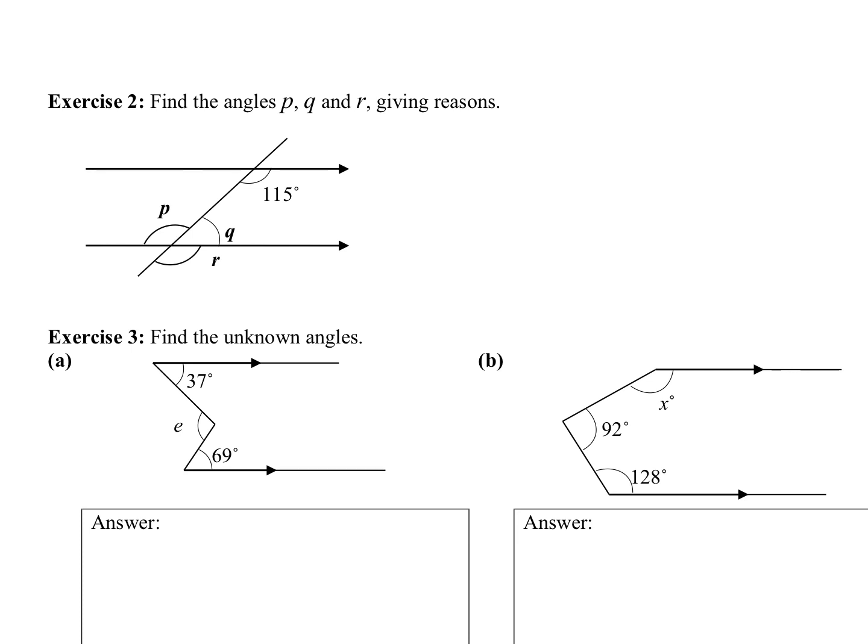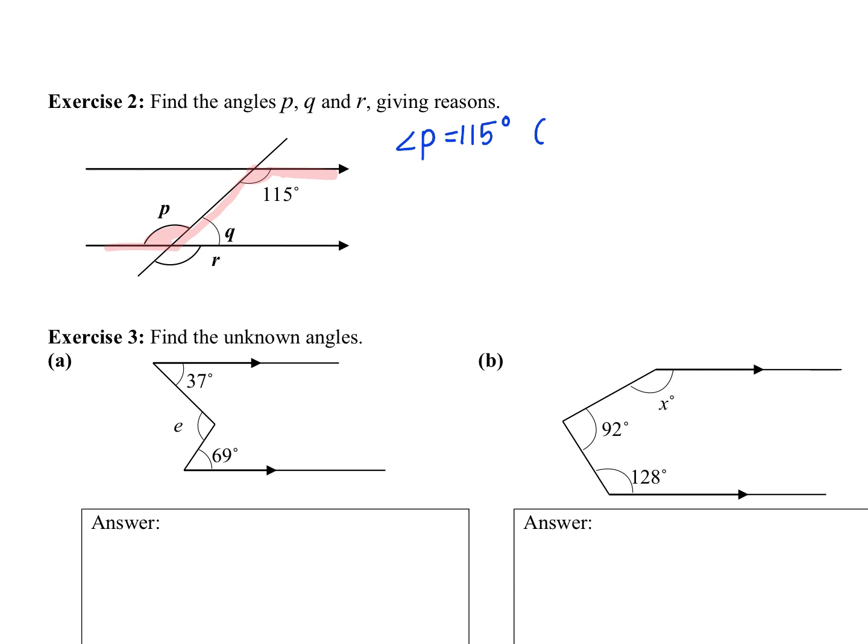So if I were to find the angles P, Q, and R, the first one, angle P over here, the only angle given is the angle 115. Angle P in this case is a pair of alternate angles. So we know that angle P is equal to 115 degrees.